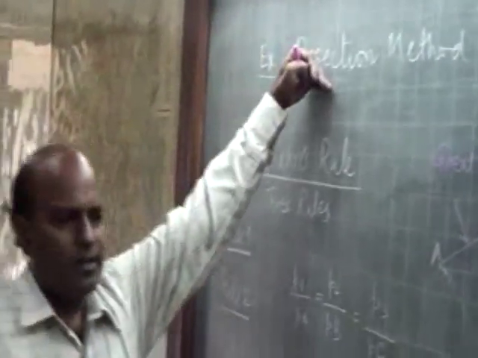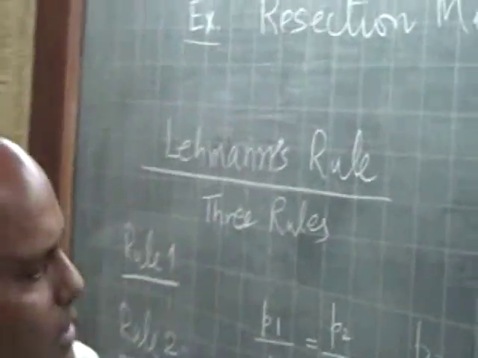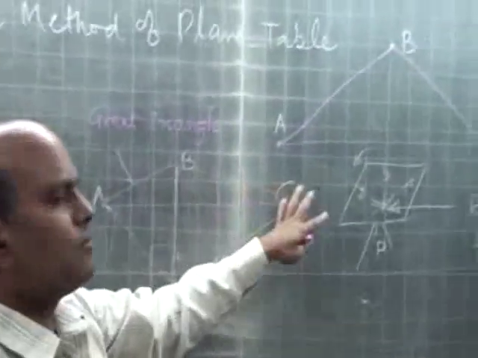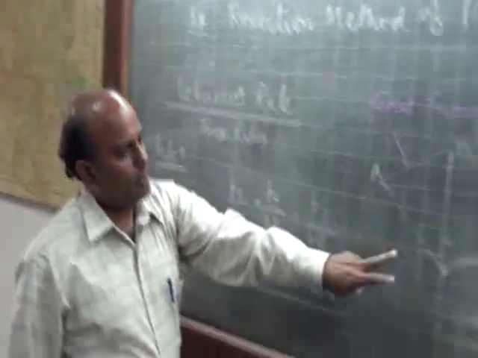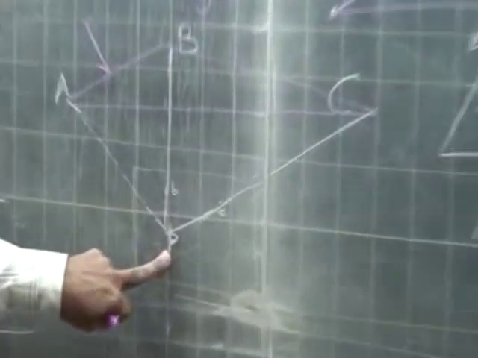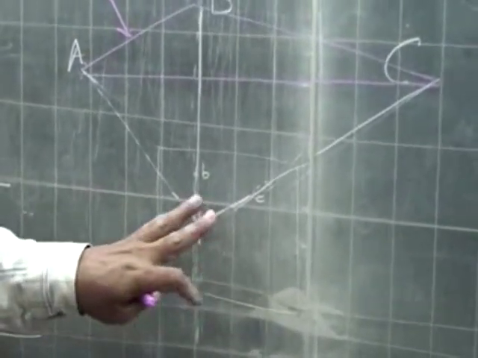So overall in the resection method, what we are doing is determining the plane table position with the help of 3 known control points. This method is used to determine the position of the point occupied by the plane table, and once we know the position, then we can use the radiation method.